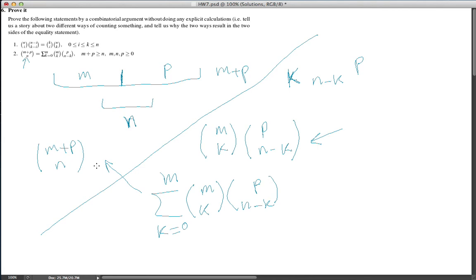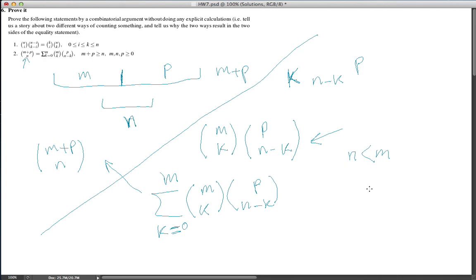Now I'd like to point out something here. Even though we are summing over values of k from 0 to m, there might be cases where this k seems a little bit odd. Let me give you an example. For example, if n is less than m, then obviously we can't have more than n male members, right?